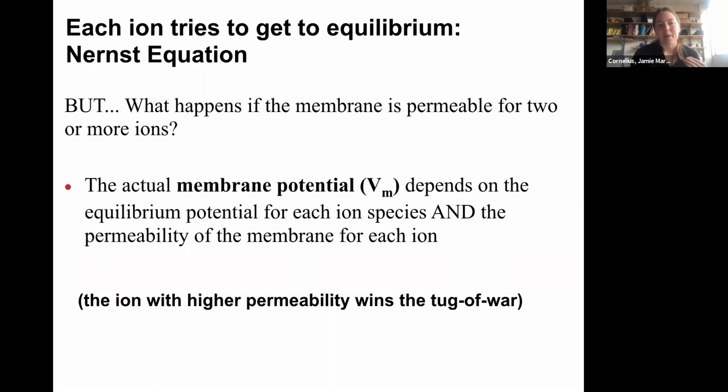But if the membrane is permeable to two or more ions, not just one, then the actual membrane potential depends on the equilibrium potential for each of the ion species and the permeability of the membrane for those ions. Essentially the ion with the greater permeability wins that battle. It pushes the membrane potential closer to its own equilibrium, but it's going to be some balance, like a tug of war.